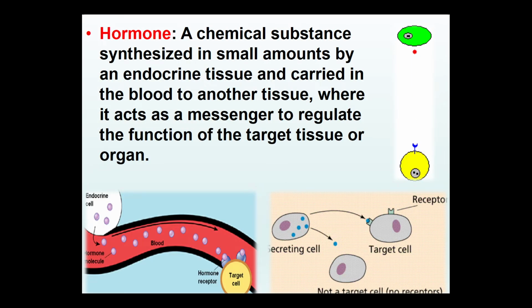That's why we will give a definition of hormones: hormones are chemical substances synthesized in small amounts by the endocrine tissues and carried in the blood to another tissue, where they act as messengers to regulate the function of the target tissue or organs.